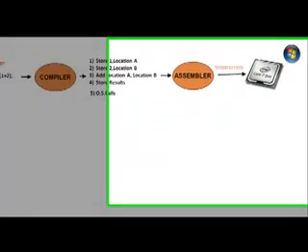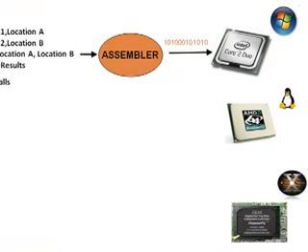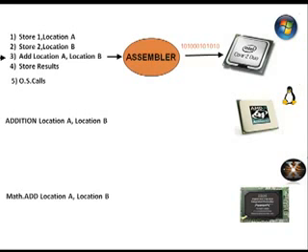The other popular platforms are AMD and Linux, PowerPC and Mac OS X. Now, with change in processor, the assembly instructions will change. For example, the add instruction in Intel may be called addition for AMD, or math add for PowerPC. And obviously with change in operating system, the level and nature of OS level calls will also change.